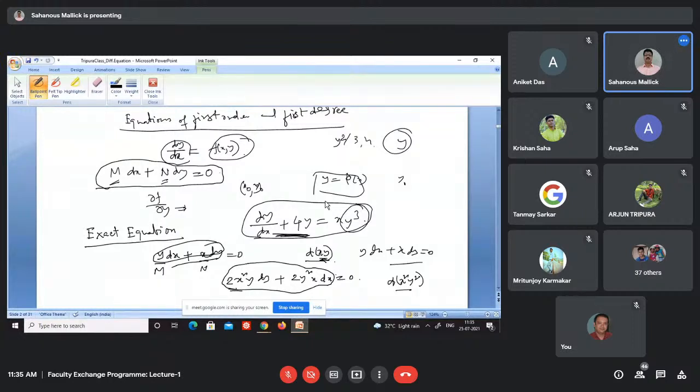Now we state an important theorem without proof by which we can check whether a differential equation is exact or not.